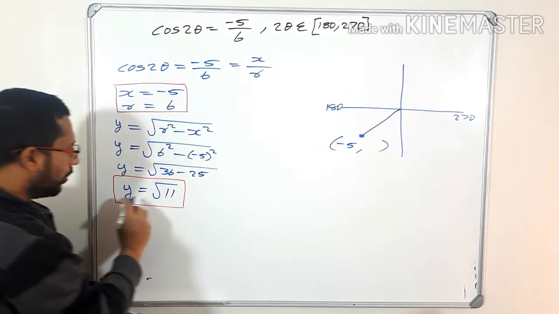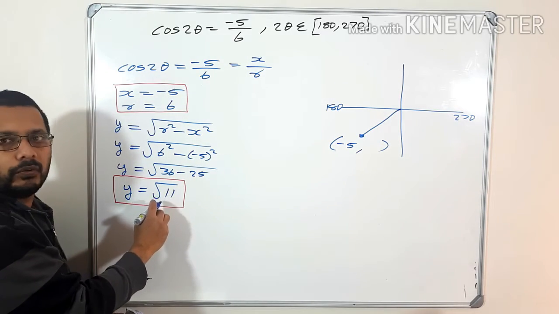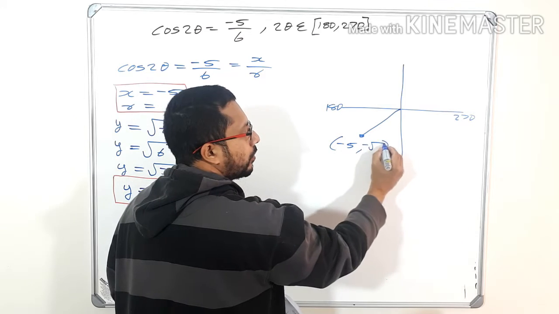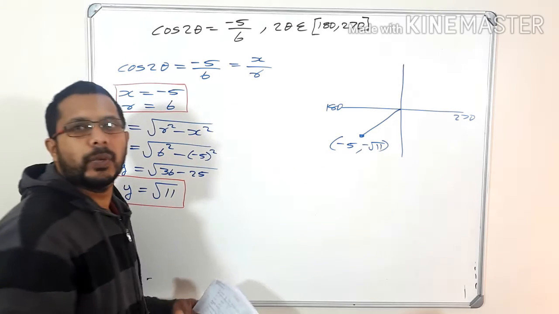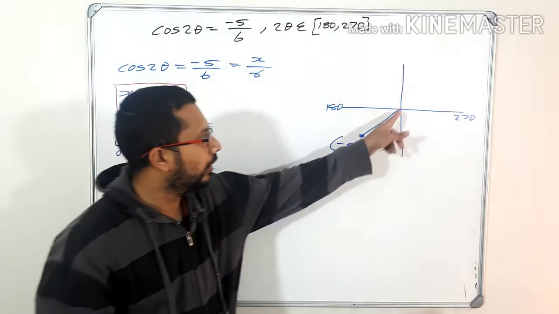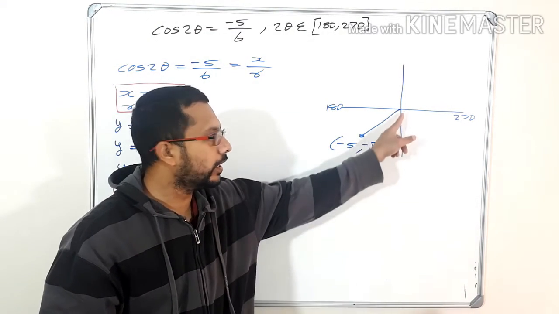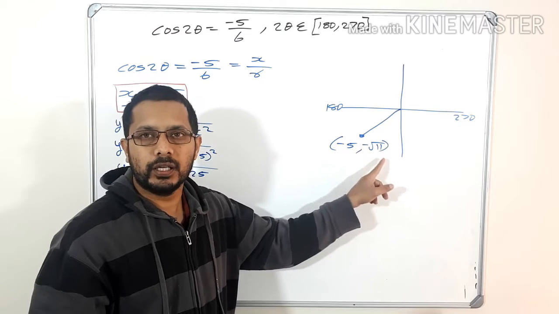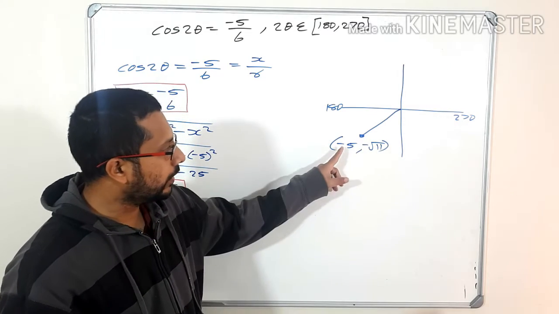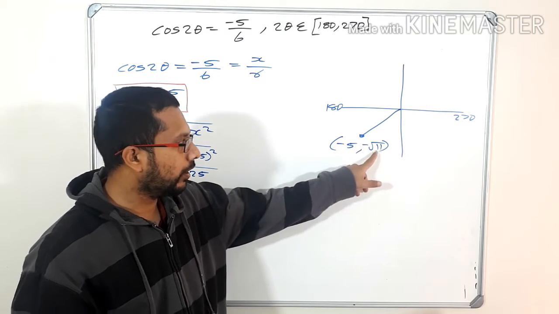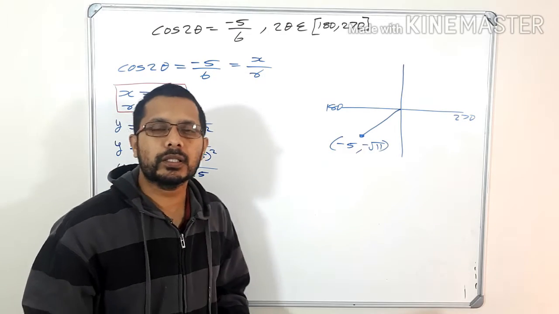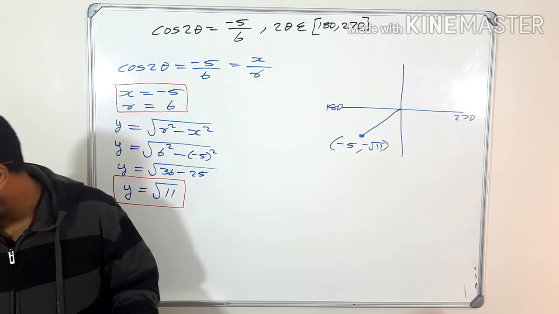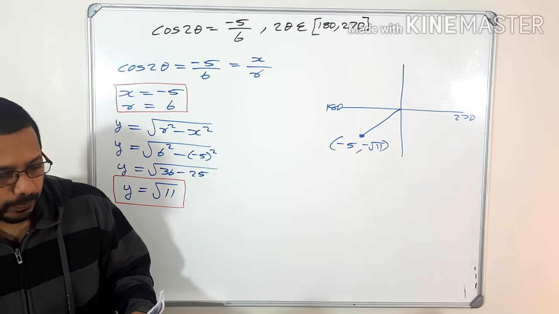So even though we got y equal to root 11, what we have to write as y is minus root 11, because on the third quadrant the y axis is negative. So now we can see that the value of x is minus 5 and the value of y is minus root 11. Now we can continue to read that question.